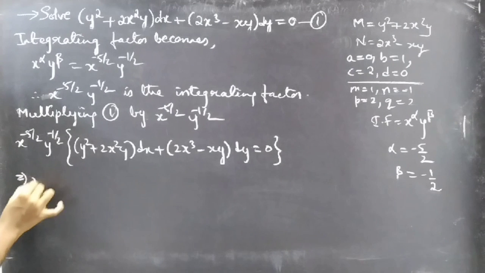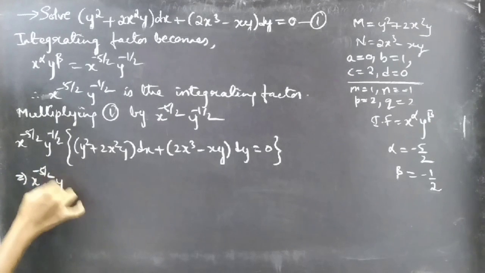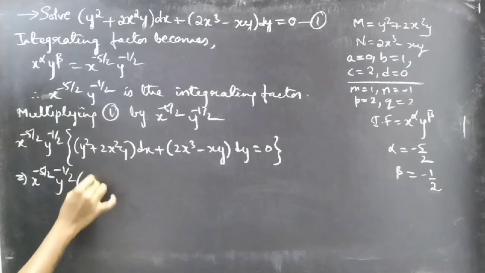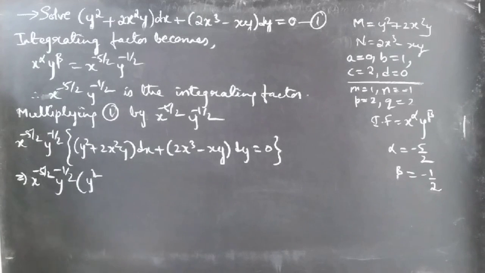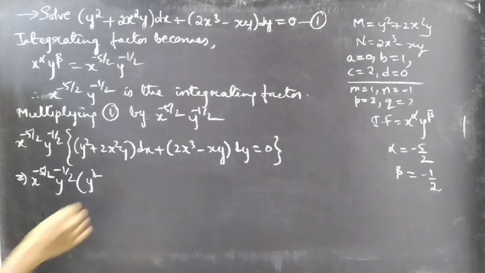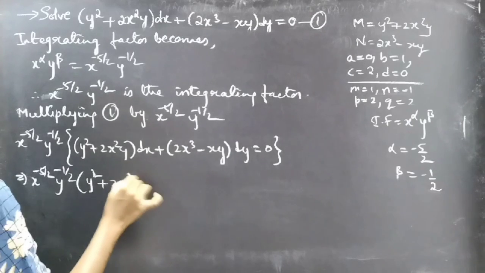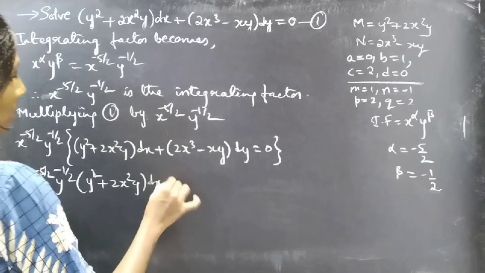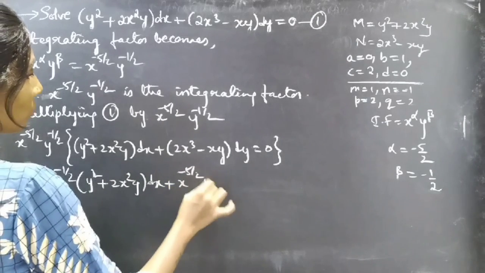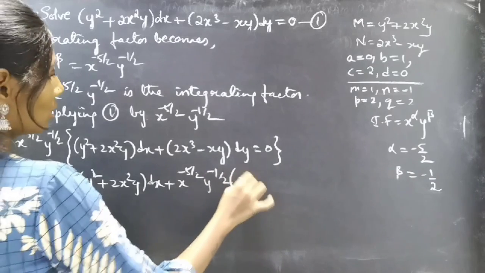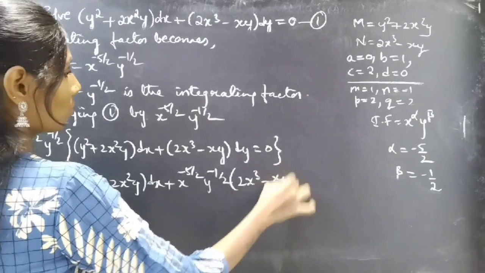Or we can write this as x^(−5/2) y^(−1/2) (y² + 2x²y) dx + x^(−5/2) y^(−1/2) (2x³ − xy) dy = 0.